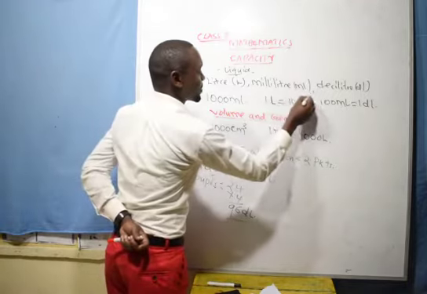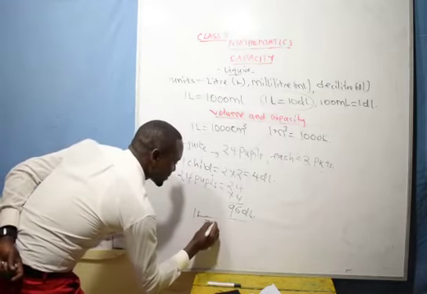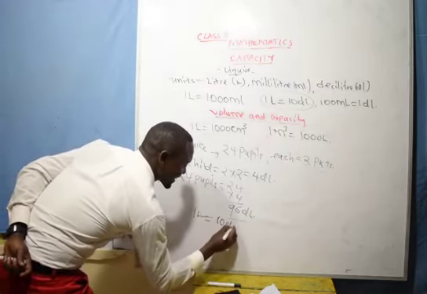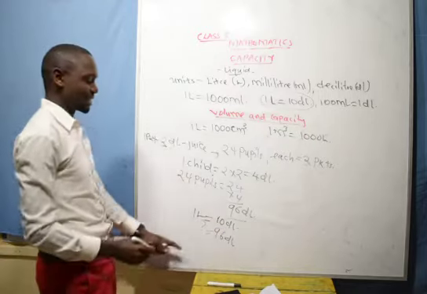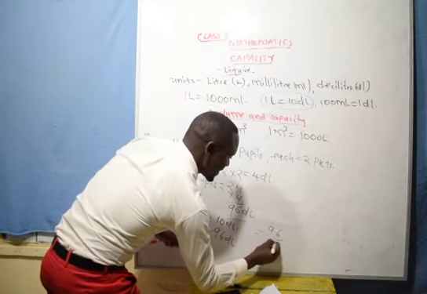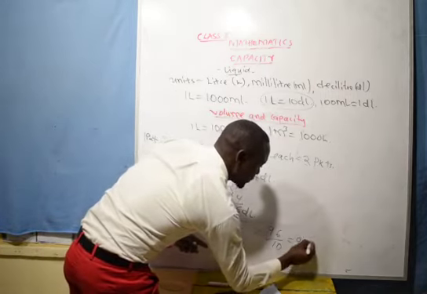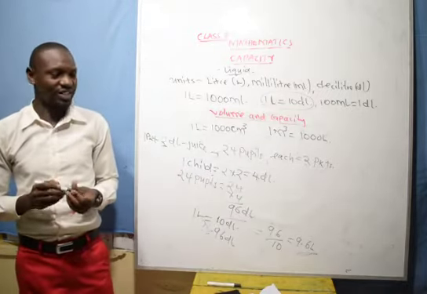Remember, 1 liter is equal to 10 deciliters. So 96 deciliters is the same as how many liters? We divide: 96 divided by 10 is 9.6 liters. So that is how you do that question.